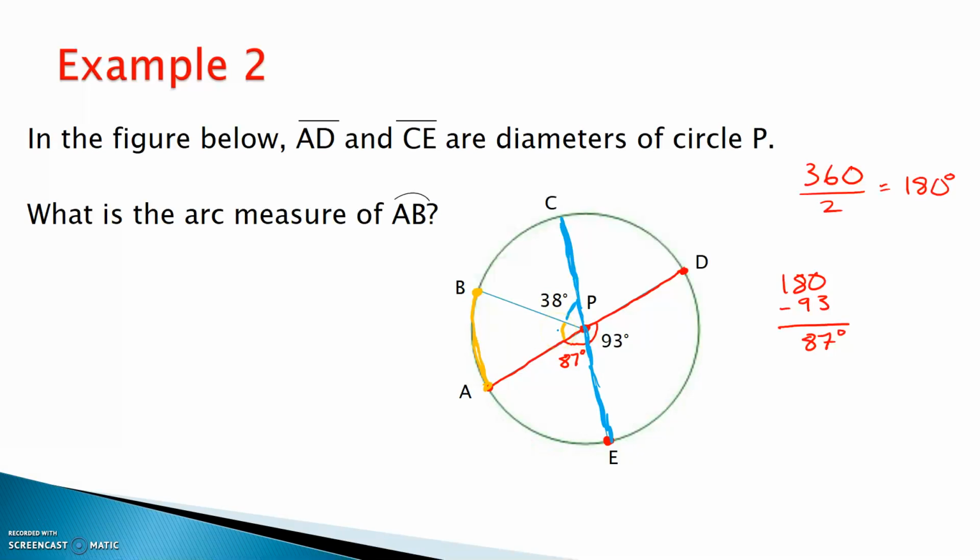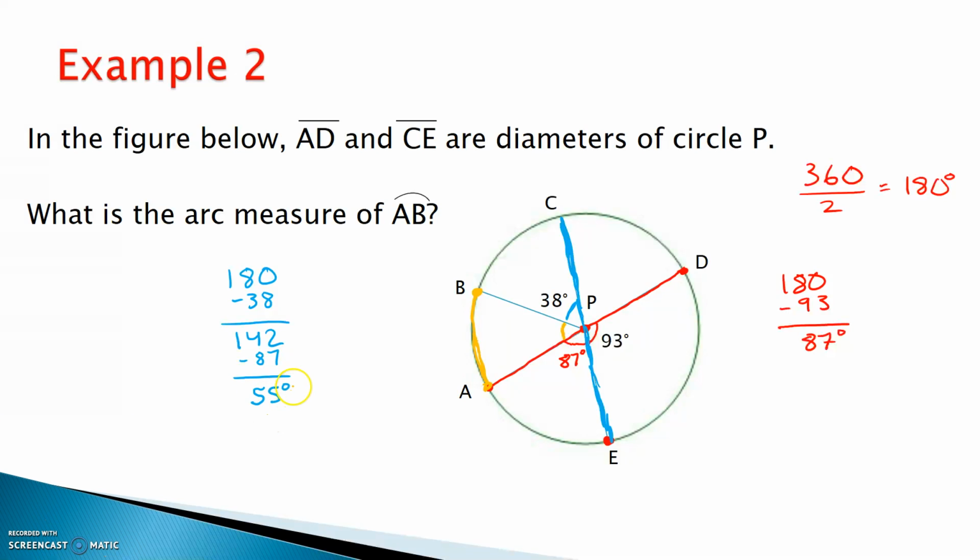How much more do I need for 180? I'm going to subtract 180 minus the 38, and we get 142. Now, there's 142 degrees left here, but if I subtract another 87 degrees as well, I get 55 degrees left.